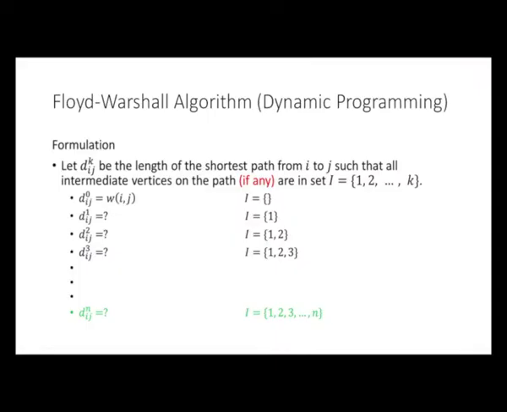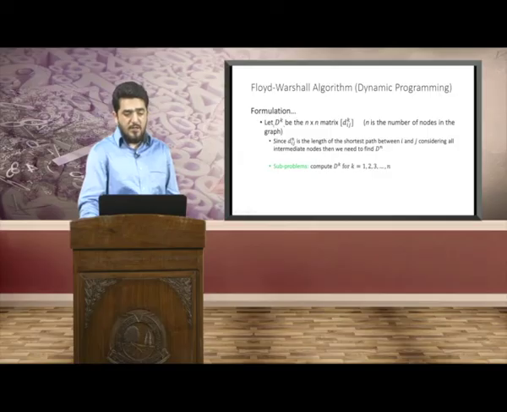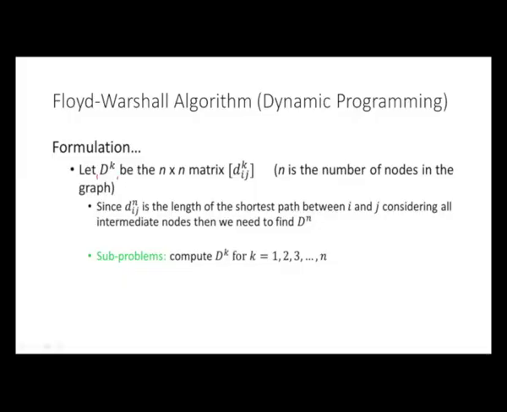So, let us suppose we consider this capital D superscripted by k to be the n cross n matrix, where each element indexed by i and j represents this d(i, j) superscripted by k.